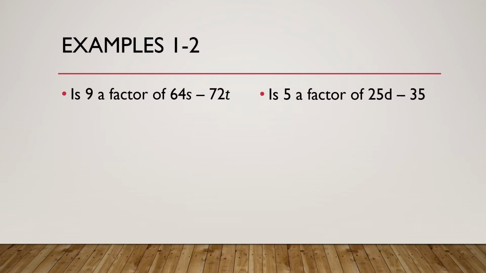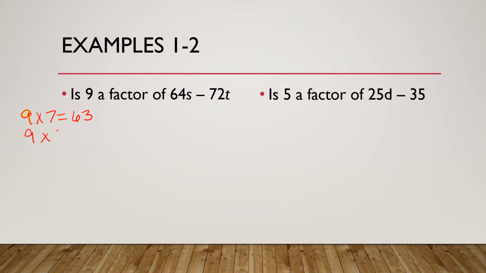Okay, so let's practice here with example 1. It said, is 9 a factor of 64s minus 72t? So does 9 go into 64? Okay, so you just have to think, is 9 times anything going to give you 64? So you could think of it as 9 times 7 is 63, but not 64.